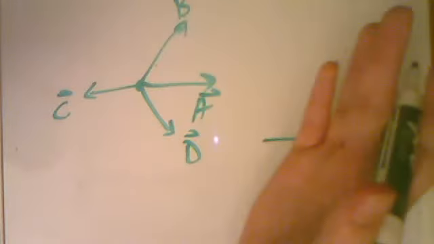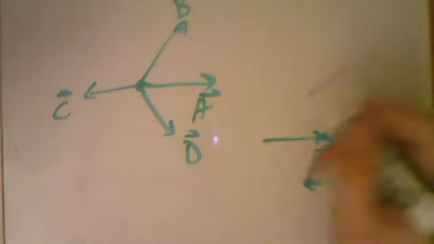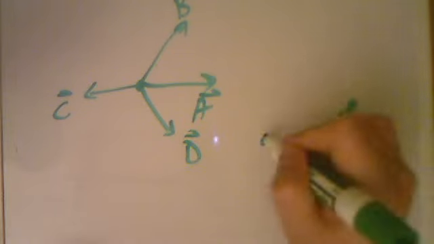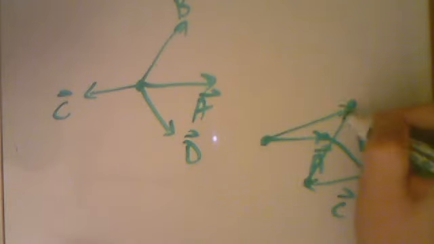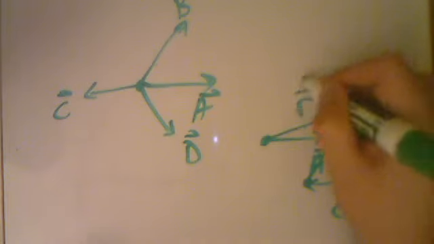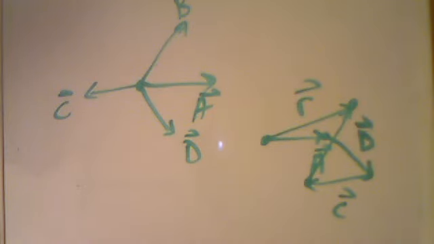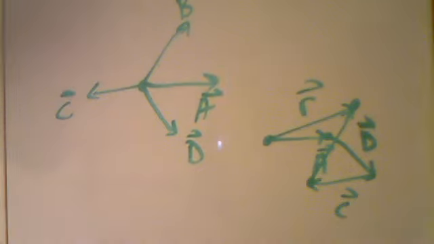Now I've used up all my vectors, so I draw from my initial position to my final position. And here is my resultant vector. So when finding the direction, you do the head to tail rule. Then once you're finished, you draw a point at your final position, a point at your initial position, and then draw a vector from initial to final.